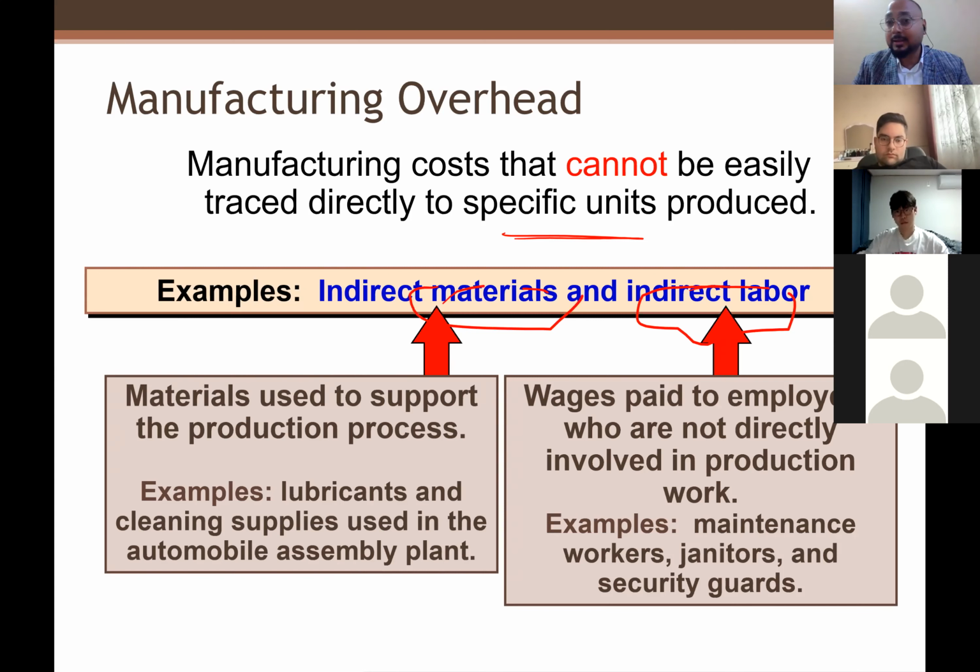The centralized AC. I'm not talking about an AC that is specifically for one purpose. In that case, you can easily find out how much electricity cost it has used. But the centralized AC, it's going to be very hard to find. That is going to be indirect cost, right?